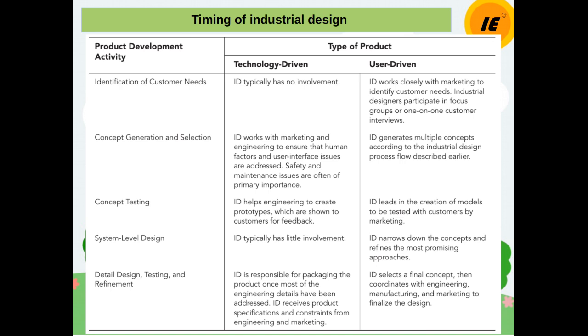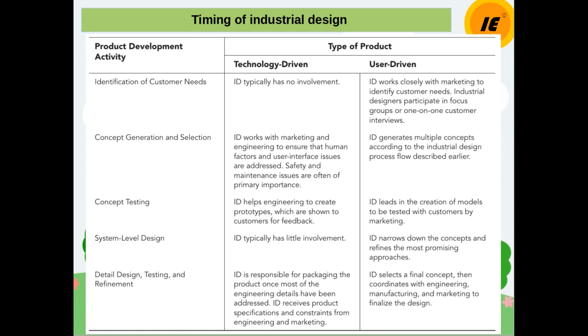Similarly, in the fourth step of system level design, the industrial designer for a technology driven product typically has little involvement, and for a user driven product, the industrial designer narrows down the concept and refines the most promising approach. Finally, for detailed design, testing and refinement, the industrial designer for a technology driven product is responsible for packaging the product once most of the engineering details have been addressed.